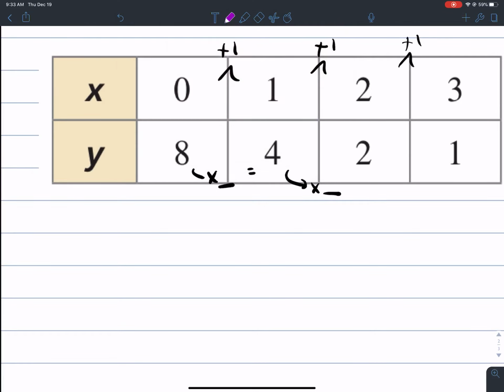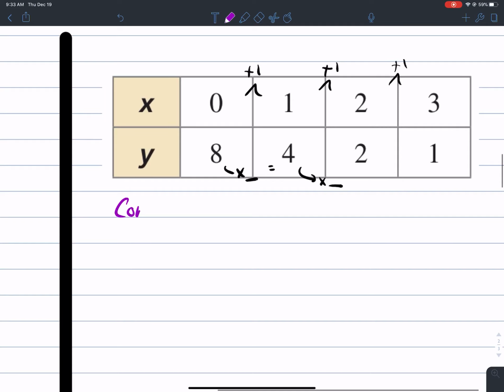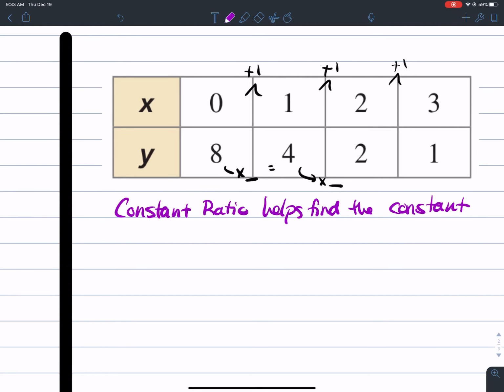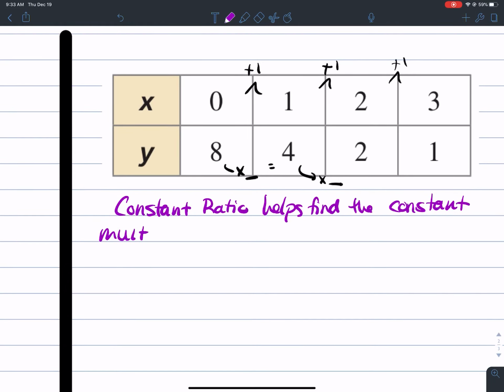So here we introduce the word constant ratio. And the constant ratio helps find the constant multiplier. Now we'll notice that I didn't say it is the constant multiplier. I just want you to know that it helps us find the constant multiplier.